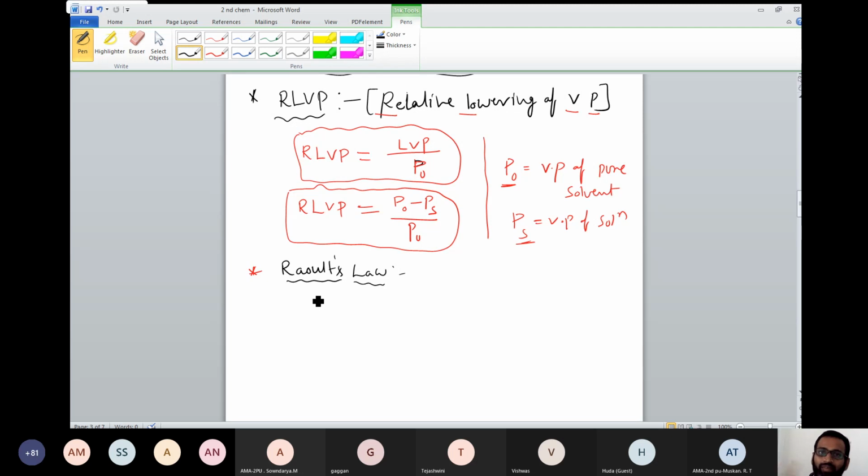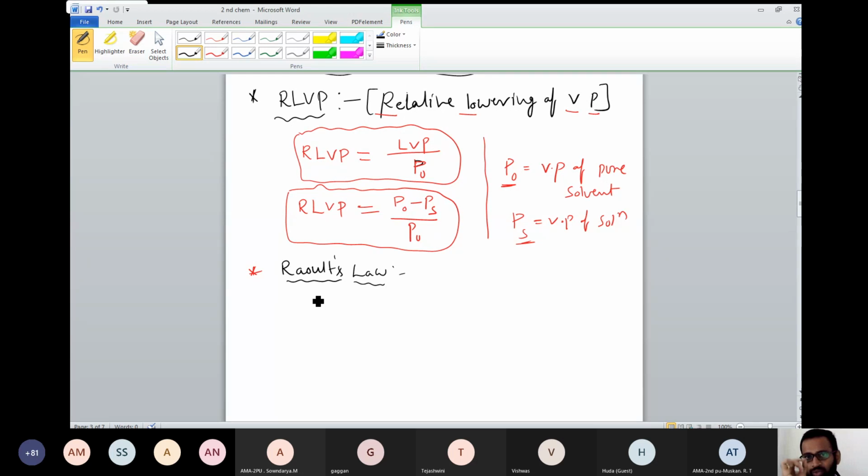When the rate of vaporization and the rate of condensation are the same, both happening at the same speed, that is equilibrium. At equilibrium, with condensation and vaporization taking place at an equal rate, the pressure exerted by the vapors of the liquid on the liquid surface is called vapor pressure.